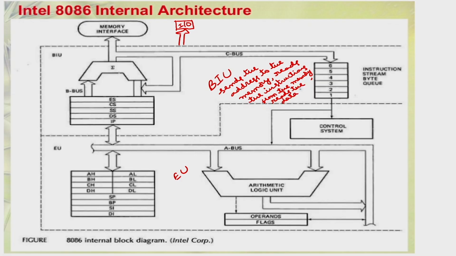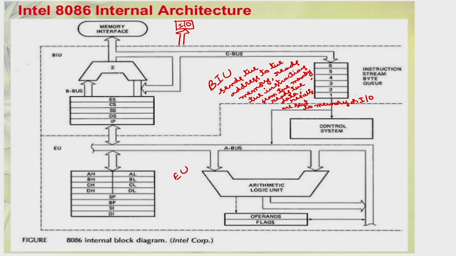This reading of data can be either from the memory or IO. Execution does not take place here; execution, as the name implies, takes place in the execute unit. After the execution the results will be sent back to either memory or IO. These are the various operations in the bus interface unit.